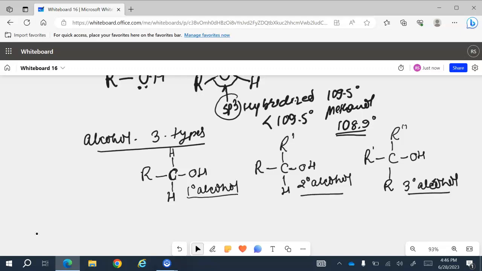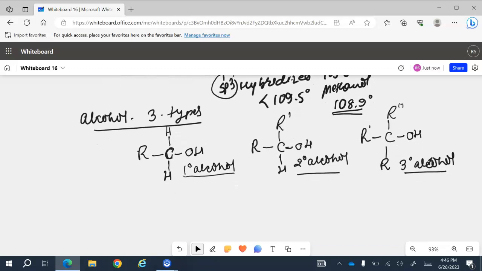So these are the three types of alcohol, and whenever you see an alcohol structure, you should be able to identify what type of alcohol it is.